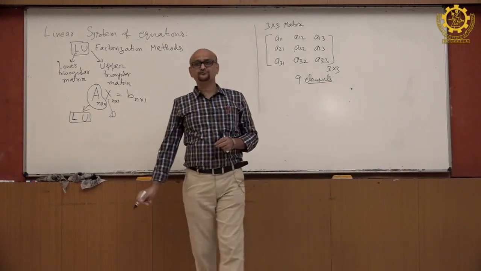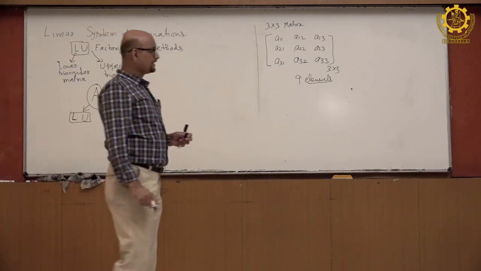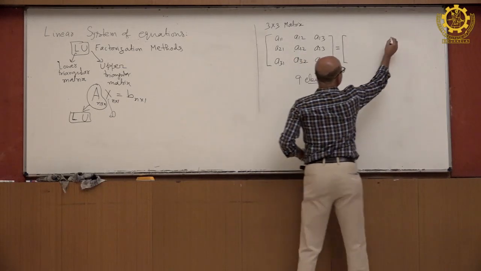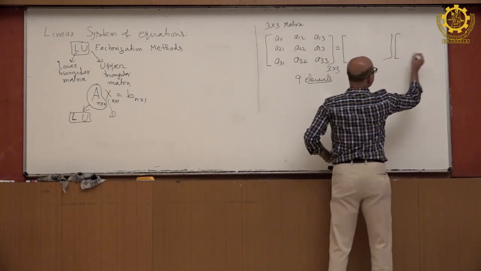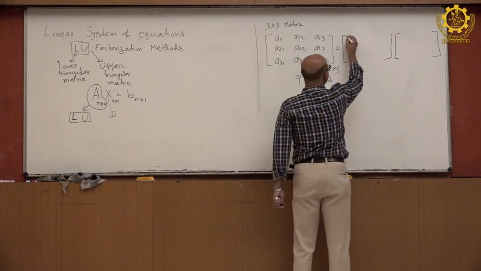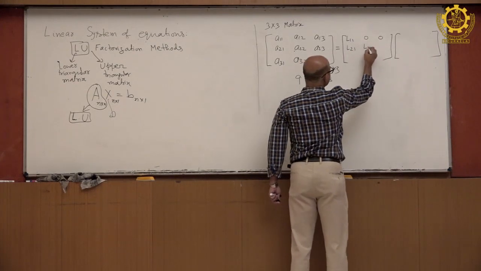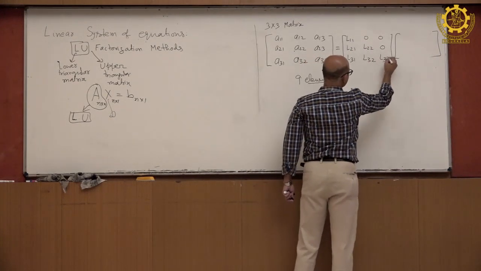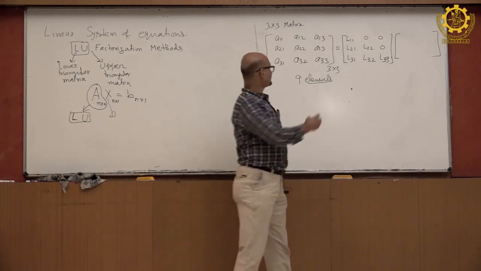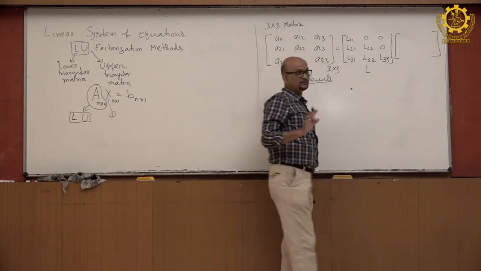Now I told I have to factorize this to L into U, that means lower triangular into upper triangular matrix. So let us write this multiplication of two matrices L and U. So lower triangular matrix means like this. Fine. This is your lower triangular matrix where we don't know these Lij's till now.